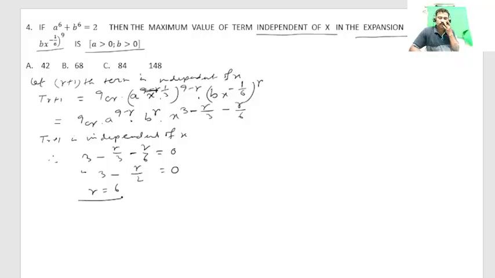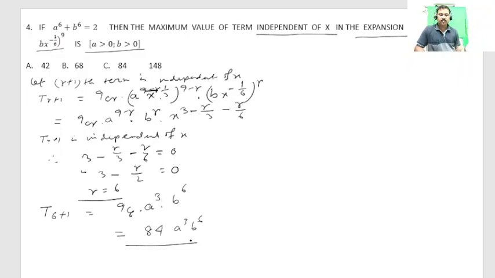Okay, now we have to find the maximum value of the term. So T 6 plus 1 equals to 9C6 a to the power 9 minus 6, that is 3, into b to the power 6 here. Okay, if we calculate these, that is 84 a cube b to the power 6.